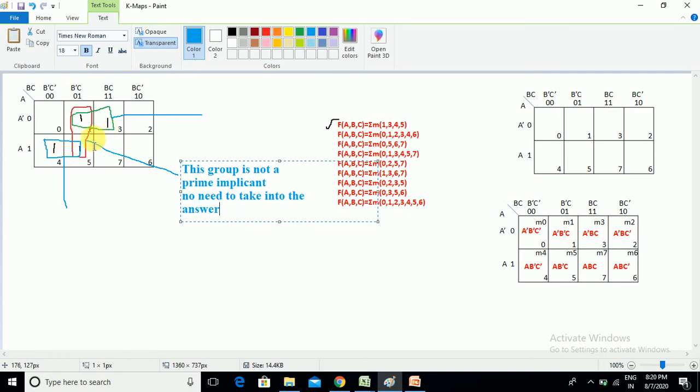Whenever you take an overlap in a group, at least one cell should be left without overlap, only then it becomes a prime implicant.